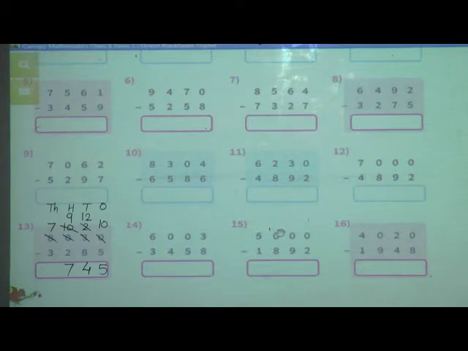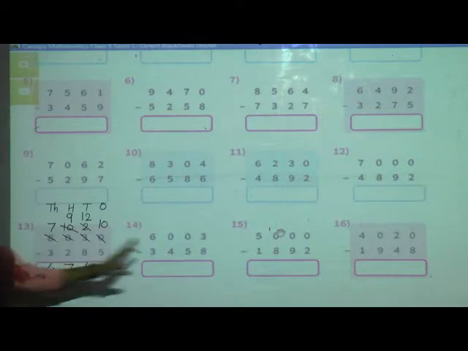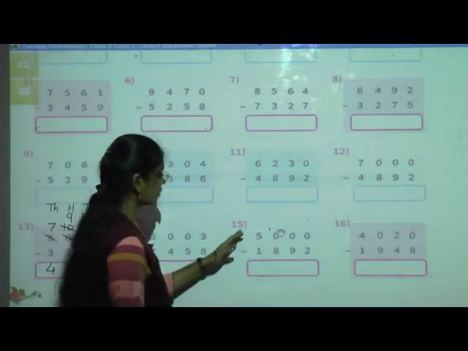The thousands place. Here 7 is there and here 3 is there. So 7 minus 3 is 4. We will write 4 at thousands place. So 8030 minus 3285 is equal to 4745.